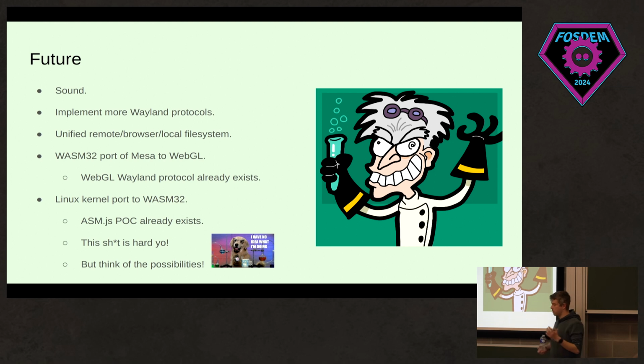But yeah, I'm not a kernel developer either, so that might also have something to do with it. But I'd say think about the possibilities. You could compile a Linux application to WebAssembly, boot it up in your browser by simply accessing a URL and have it completely sandboxed, super secure, running inside a desktop that's running in your browser. That would be really cool, I think.